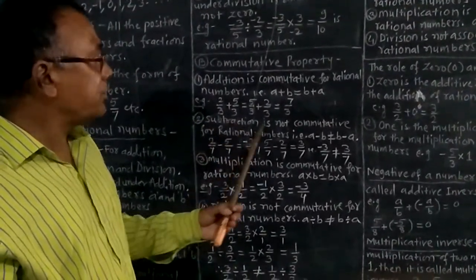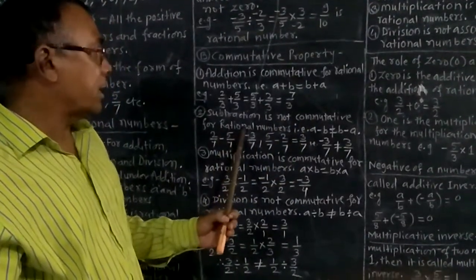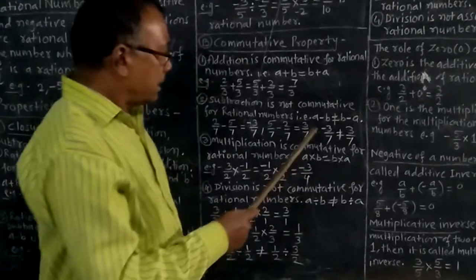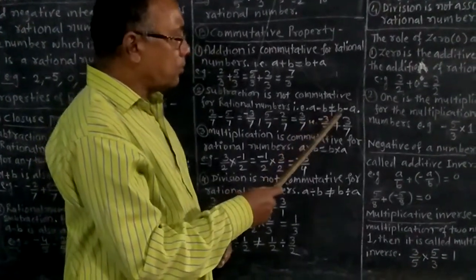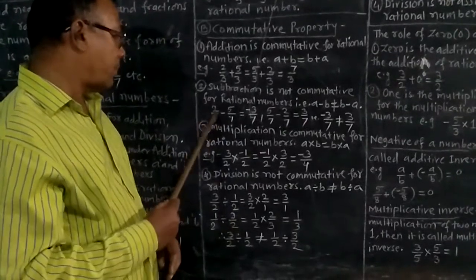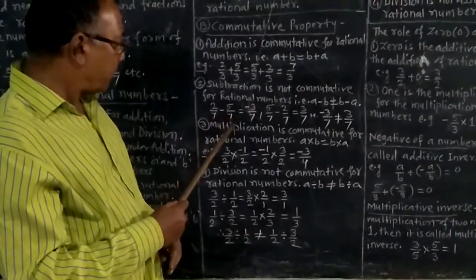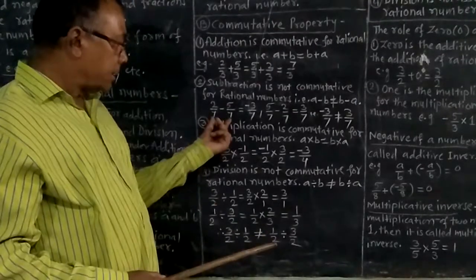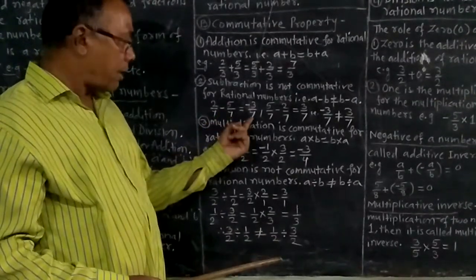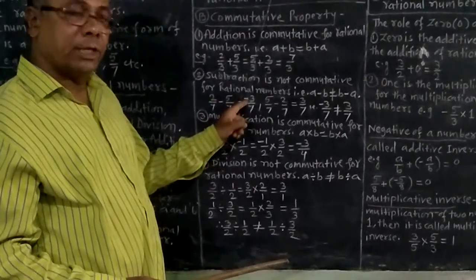Second, subtraction is not commutative for rational numbers, that is a minus b is not equal to b minus a. We will see one example, that is 2 upon 7 minus 5 upon 7. Here the denominator is the same, so I have written 7 only. Then 2 minus 5 will be minus 3.